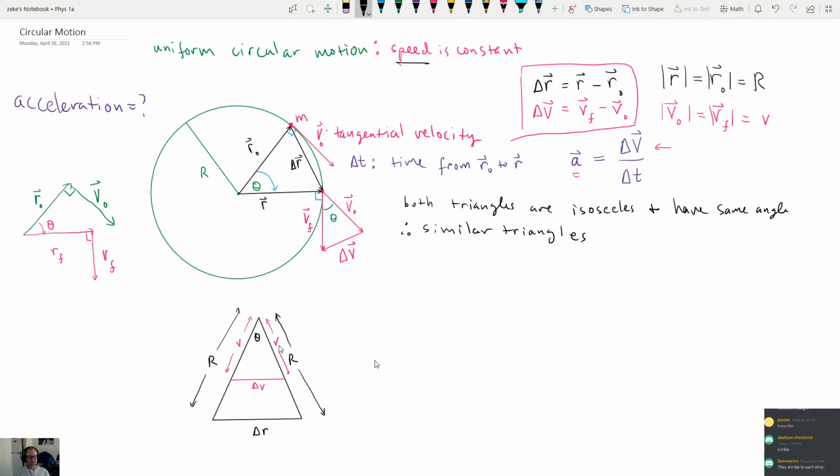And what can I do with similar triangles? What can you use them to do? How can I relate the sides of the smaller triangle to the bigger triangle? No, we're not going to find angles. Is there like a constant to multiply them by?